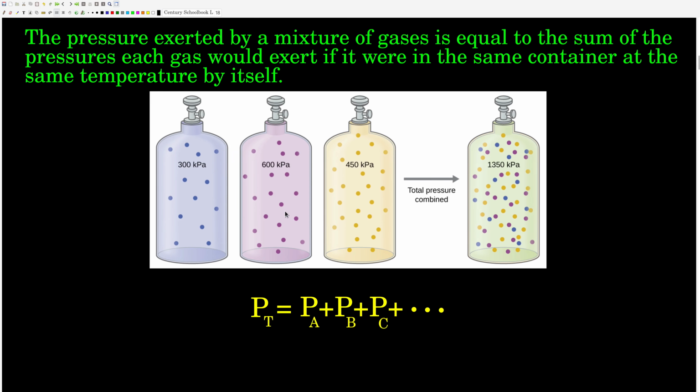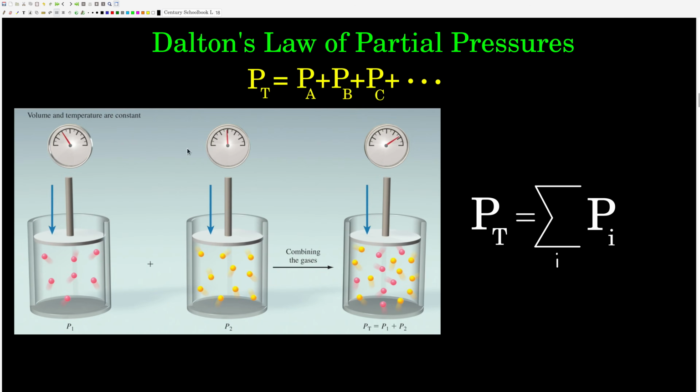The partial pressure of the purple gas in here would be 600 kilopascals, and of the gold one, 450 kilopascals. So that's what we mean by partial pressures. A partial pressure is the pressure that a gas in a mixture would exert if it was in the same container at the same temperature by itself.